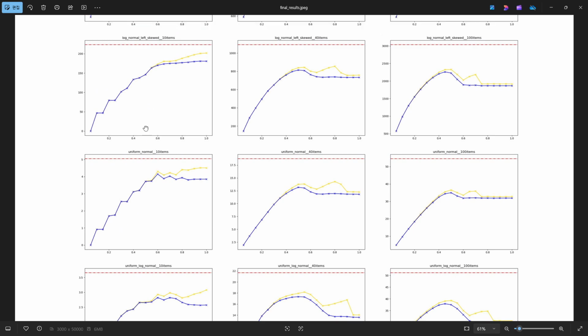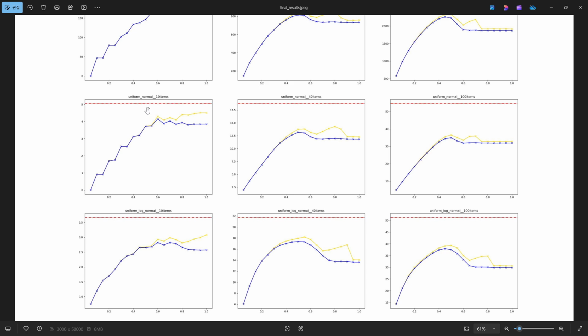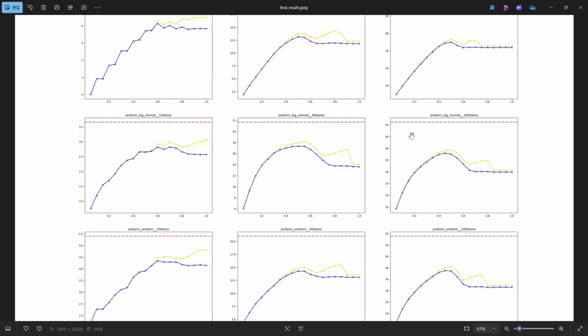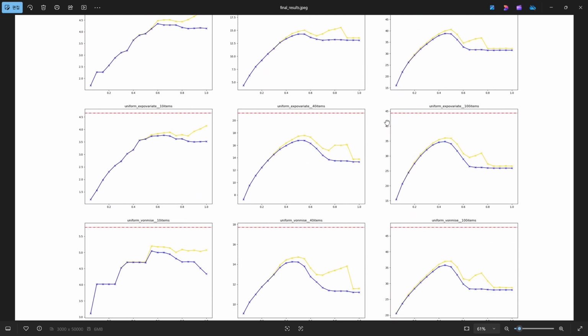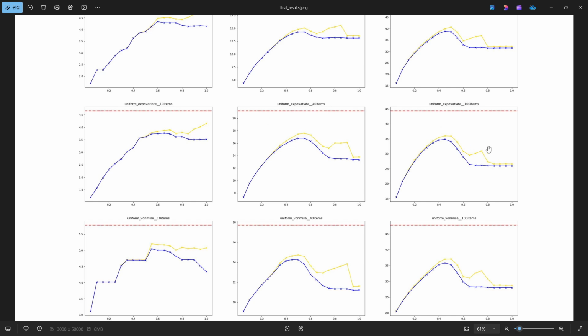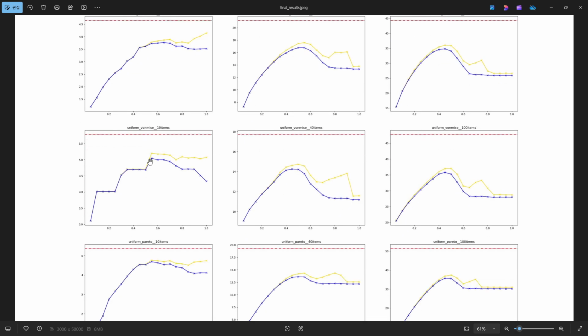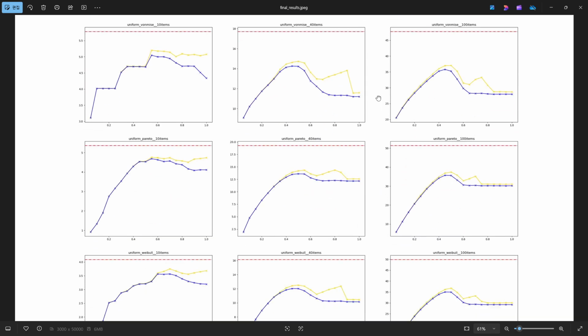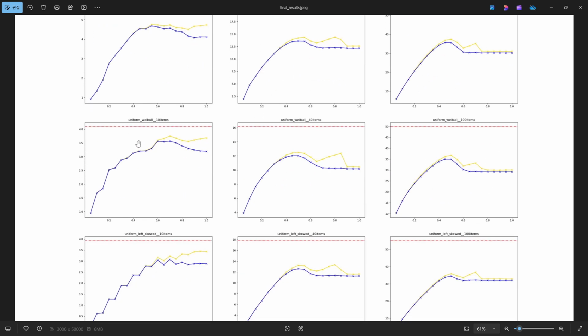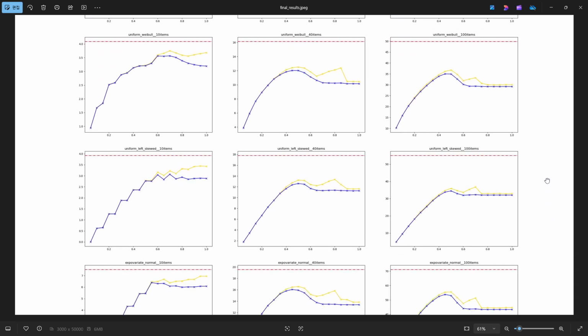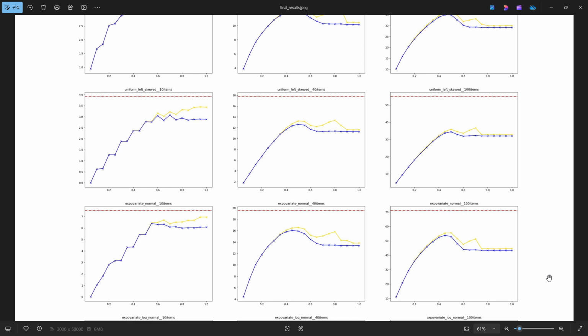Only this bit. Uniform normal, same. Uniform log normal, same. Uniform, same. Uniform expovariate, same. Uniform von Mises, same. Uniform Pareto, same. Uniform Weibull, same. And I'm just going to speak when something is different.